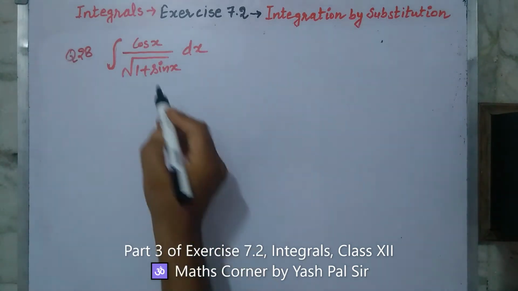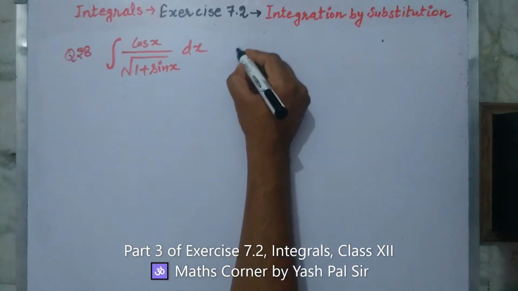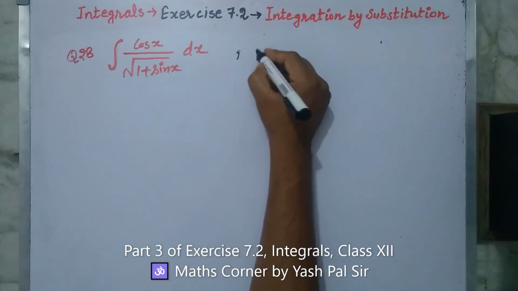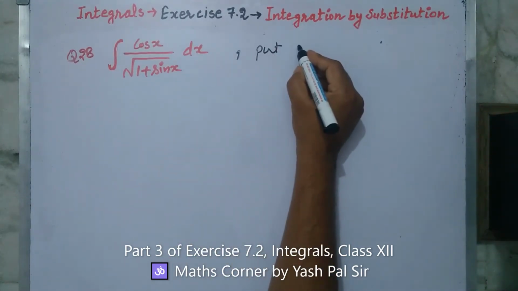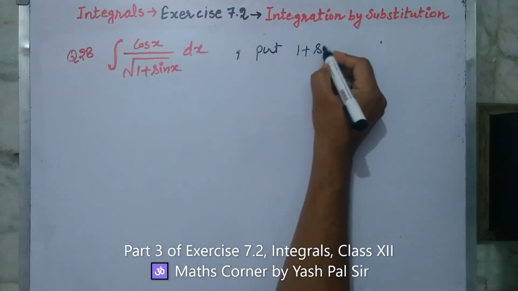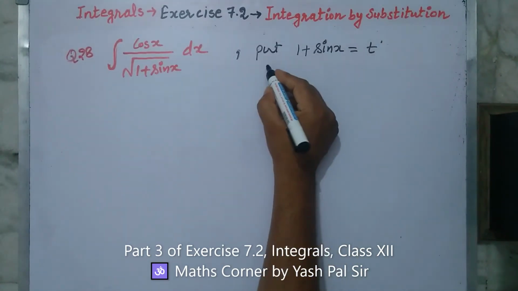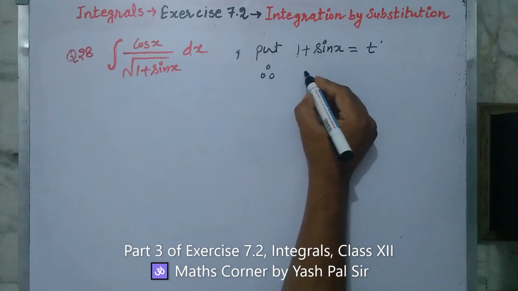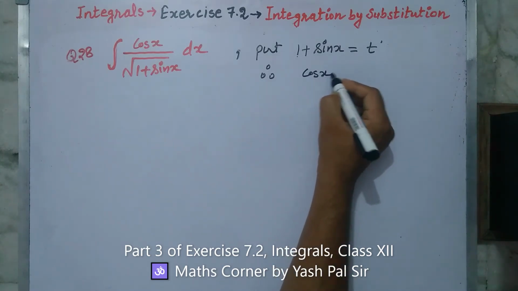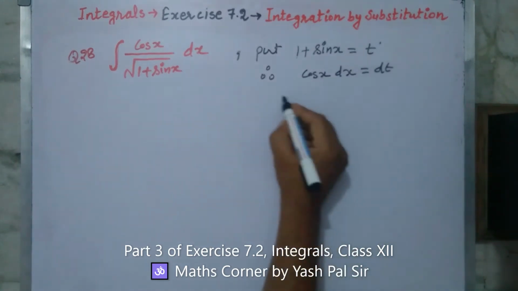Our next question, cos x upon square root of 1 plus sin x. Here once again we put the denominator term inside the square root, 1 plus sin x, equal to t. Therefore, differentiating, the derivative of 1 is 0, and the sin x derivative is cos x into dx, equal to dt.